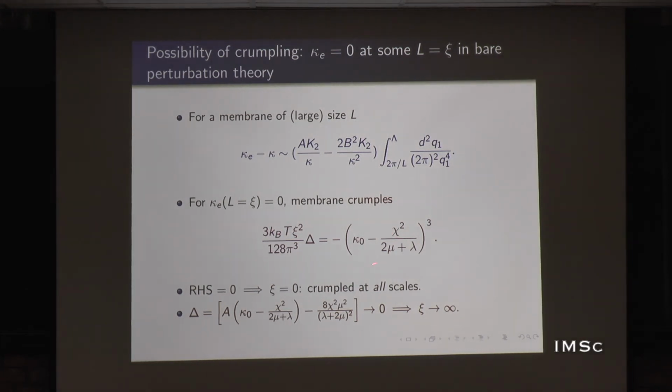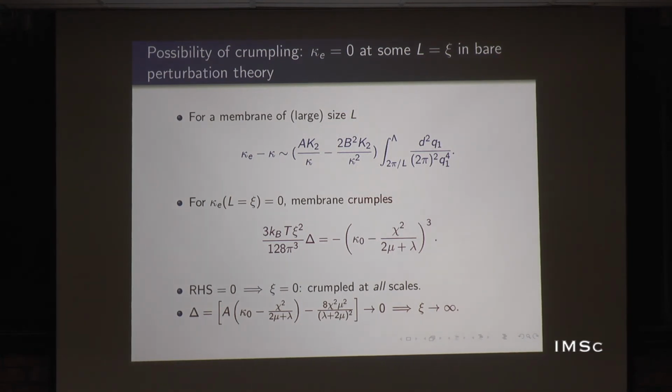There are two solutions. One, if the right hand side vanishes, then xi is 0. If xi is 0, it basically means the membrane is crumpled at all scales, which is the 0 temperature crumpling I referred to. Or this delta is 0. This is not 0, but if this delta is 0, then xi approaches infinity. So, xi can be anywhere between 0 and infinity. If xi is infinity, you will basically not see crumpling until you hit infinitely large size.